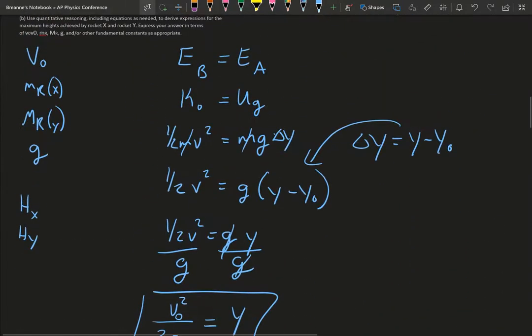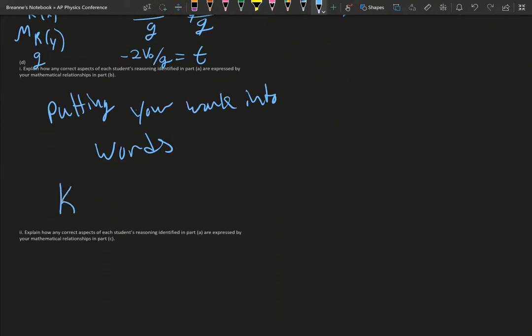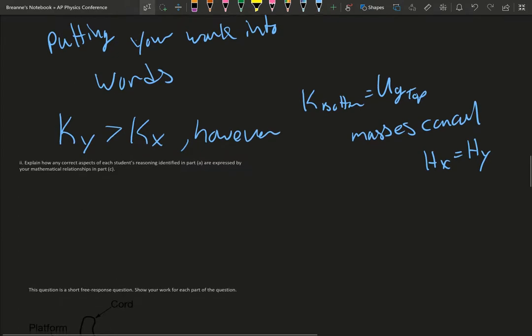So say, yes, I did state that the kinetic energy for rocket Y is greater than rocket X. However, using the conservation of energy equation, masses cancel, and then leaving you the fact that your heights are going to be the same. Something like that.